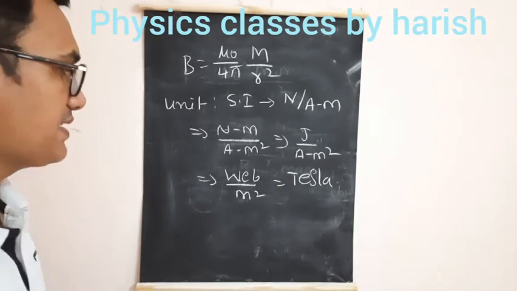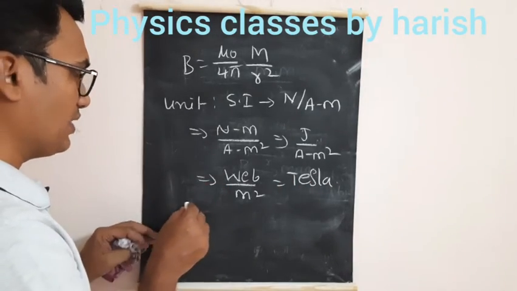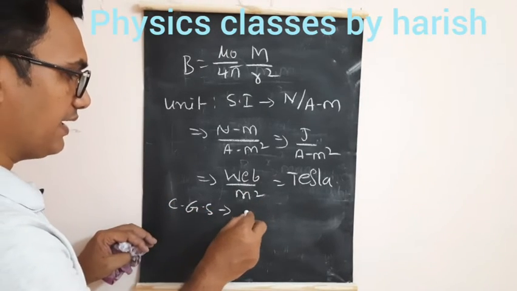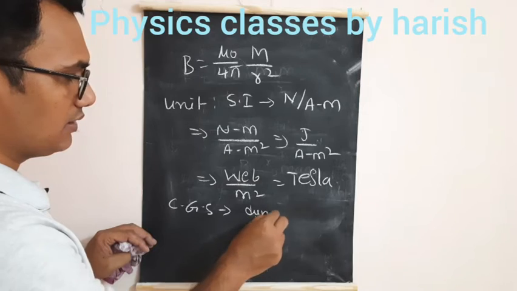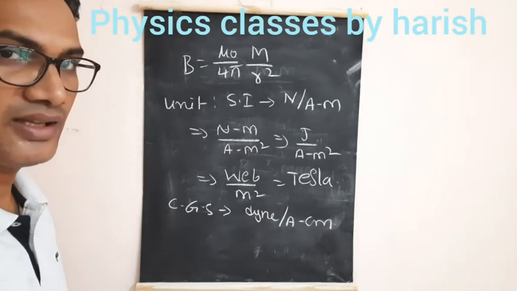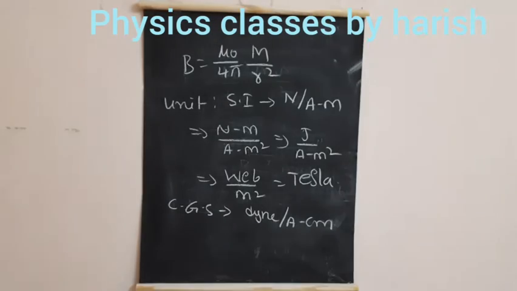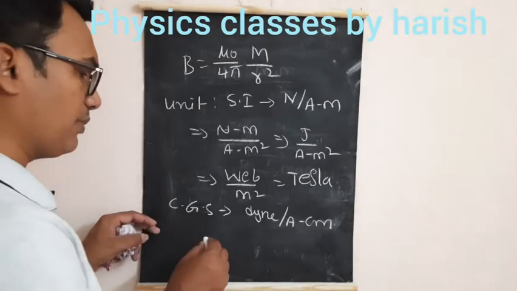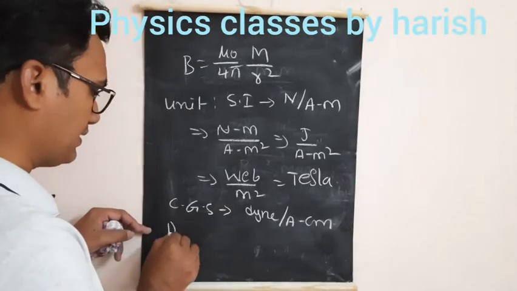The CGS unit is dyne per ampere centimeter. And then the dimension formula.